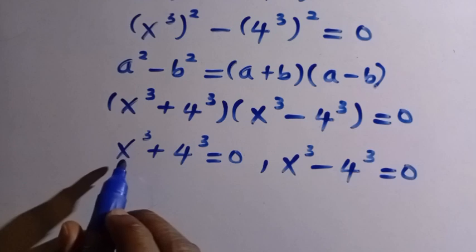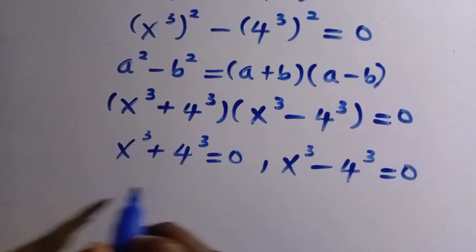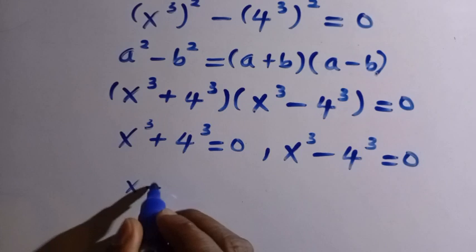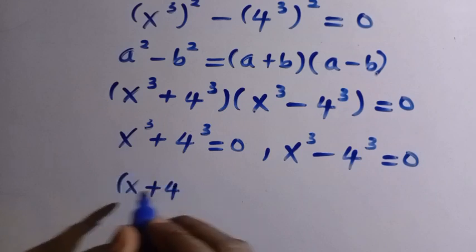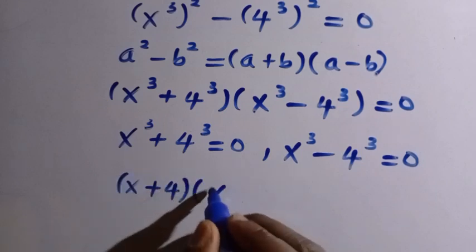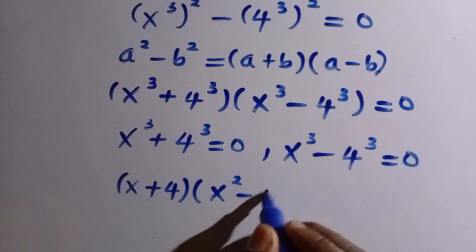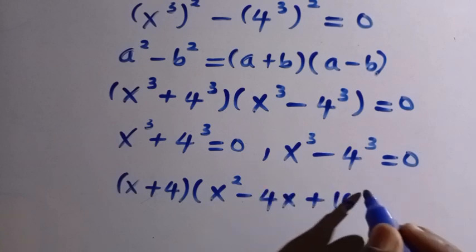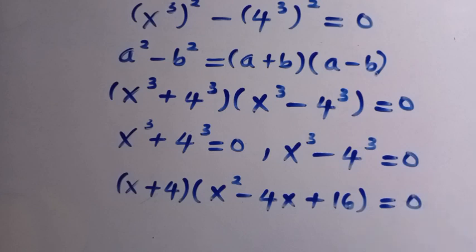So from here, we have x cube plus 4 cube. This is the sum of two cubes, and it is in the form of (x plus 4) multiplied by (x squared minus 4x plus 16). This equals 0.